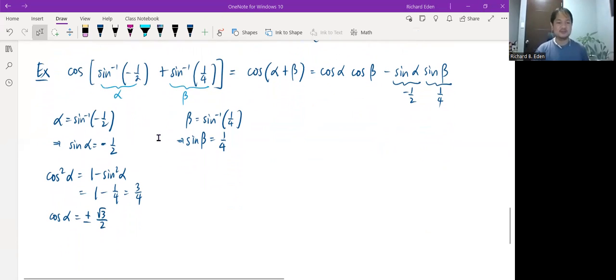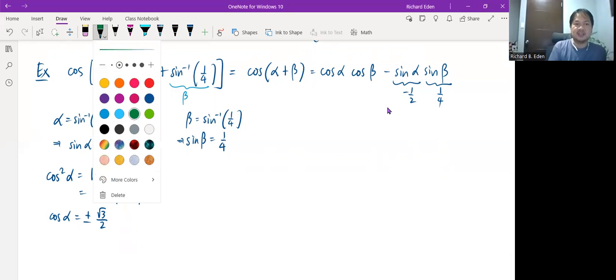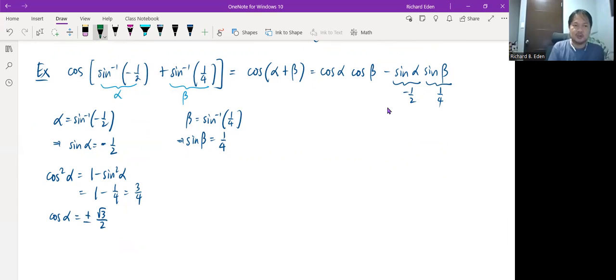But now the theoretic part slowly creeps in, and of course that's what we're after, because the computational part is something you can already do on your own just fine. So how do we figure it out? I'm going to let you think about this and come up with the answer on your own. But keep in mind, where did alpha come from? It's a sine inverse. Green box alert.